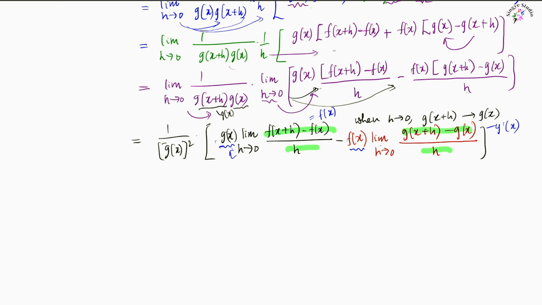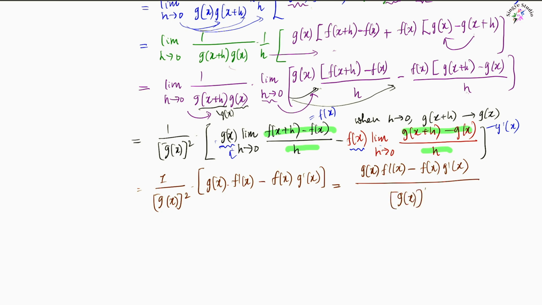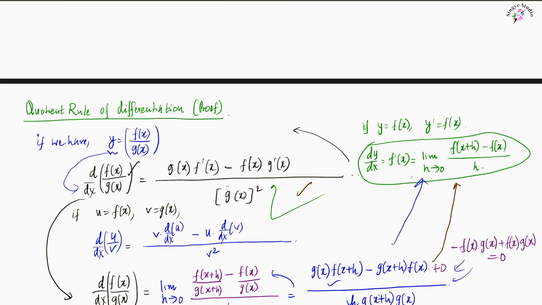Thus we now got the final expression of the quotient rule, which is 1 over g of x whole squared, right, times g of x times f prime of x minus f of x times g prime of x, which can also be written as g of x times f prime of x minus f of x times g prime of x upon g of x the whole squared, which is exactly this form, right?